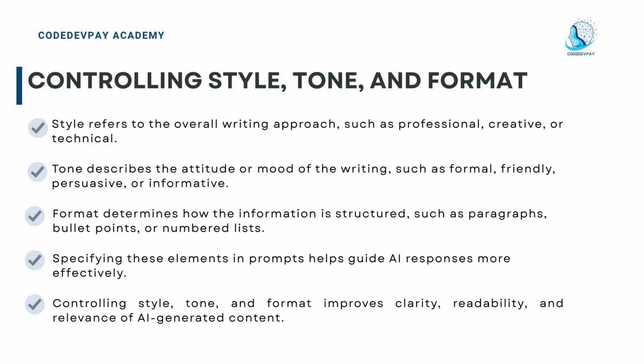The key thing to note is that learning to control these elements allows users to produce content faster while maintaining quality and clarity. So now let's head to some of our generative AI models and demonstrate how to control the style, tone, and format of our AI output.